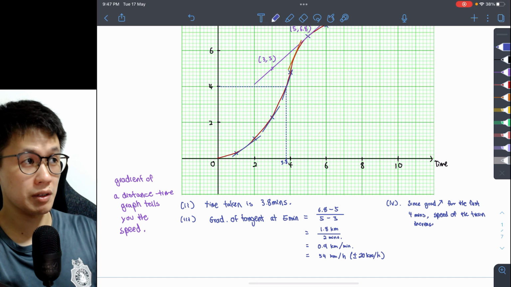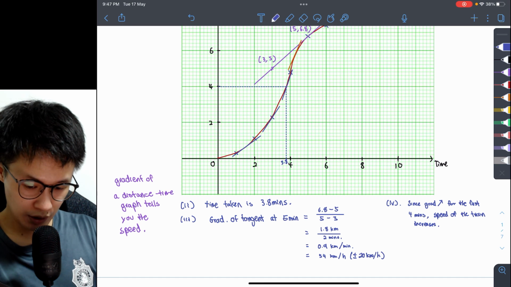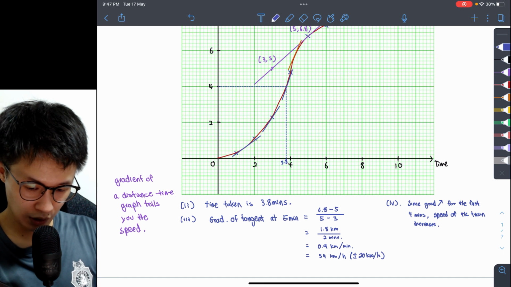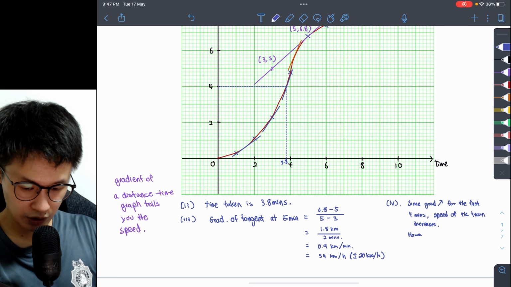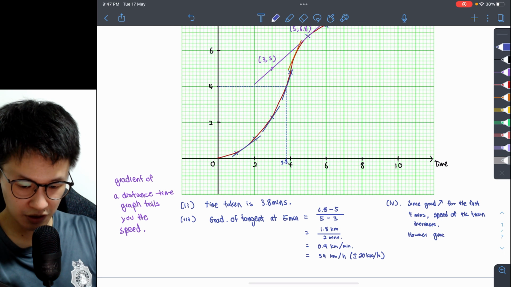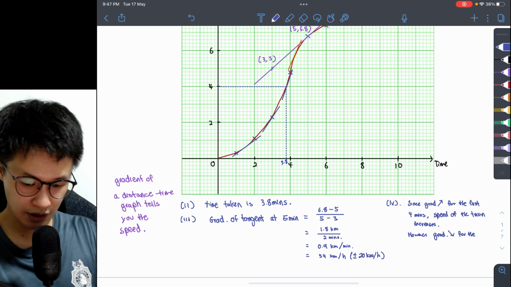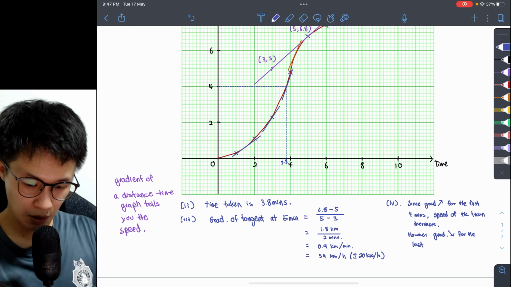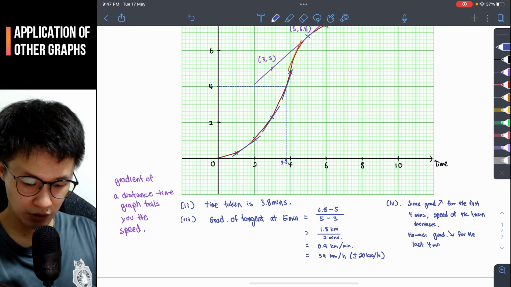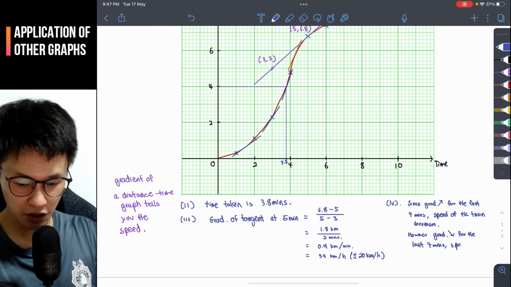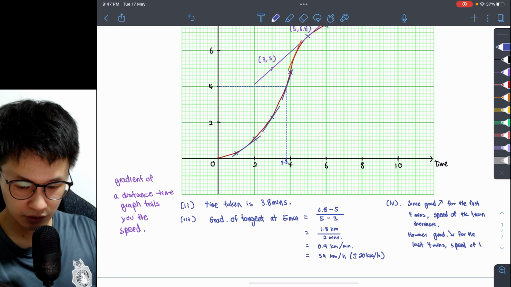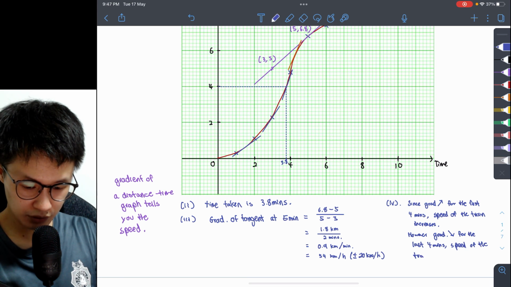However, the gradient decreases for the last 4 minutes. So the speed of the train decreases.